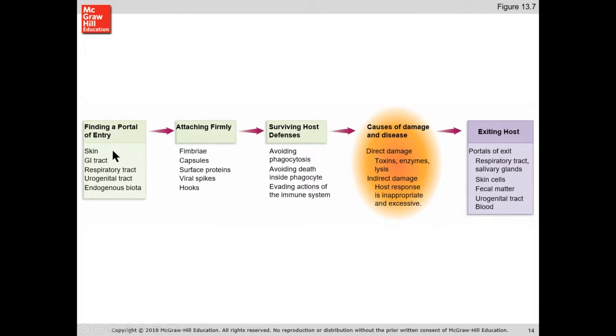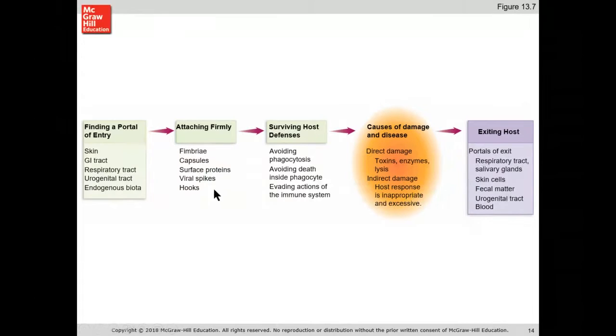So they have to find a cut through the skin, for example, or maybe traveling in with some food in the GI tract and the stomach just can't work fast enough to kill them. Respiratory tract, urogenital tract, endogenous biota. And so this endogenous biota could just be they're already living there, but maybe they're going to sneak in on another. That could be another example.